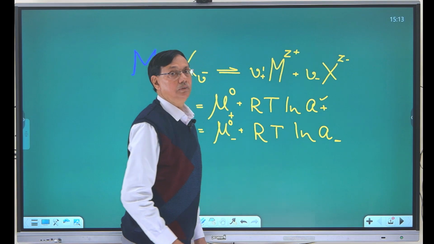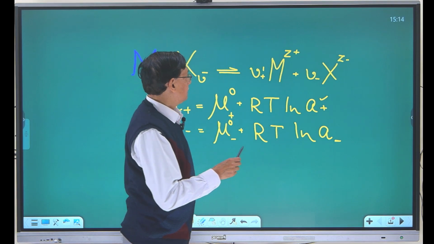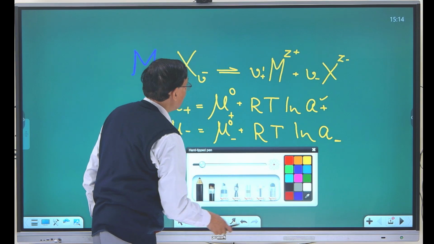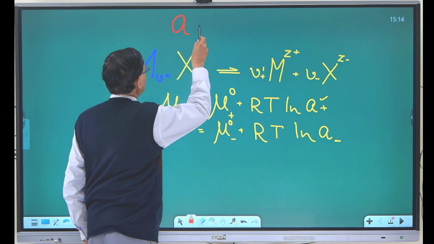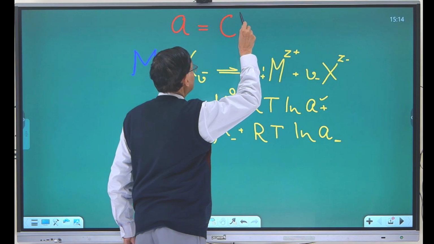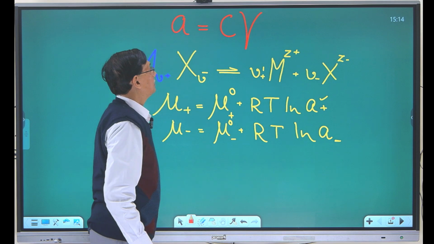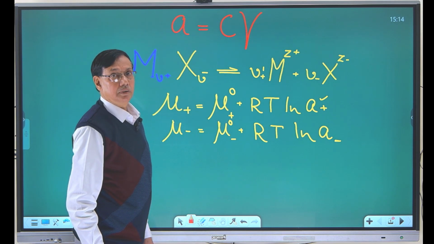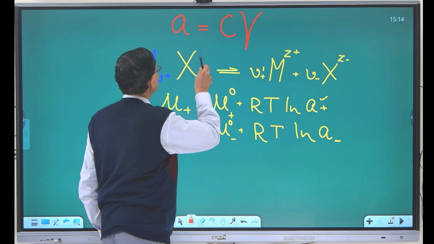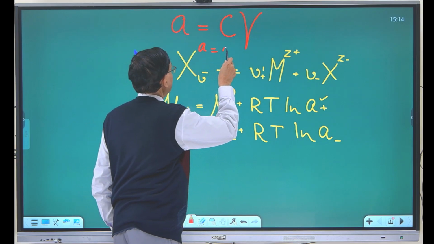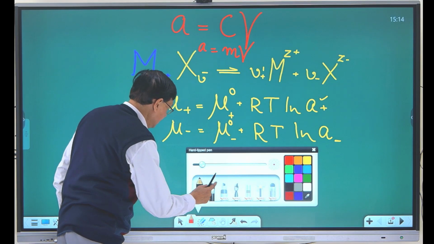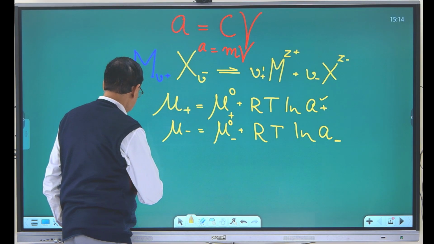This is actually the activity, which is very important. But basically, as per the norms, activity is equal to concentration times the activity coefficient, and if I am taking it in terms of molality, I should write M. But here there is a cation and an anion.